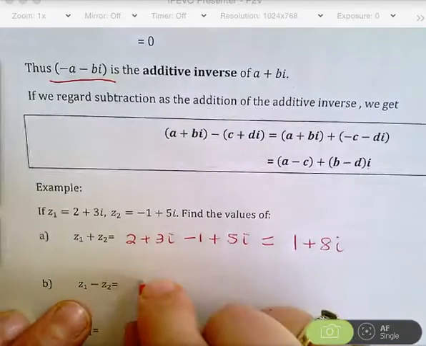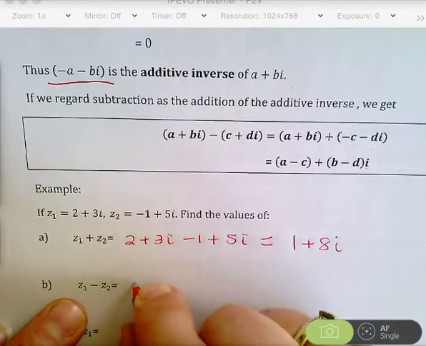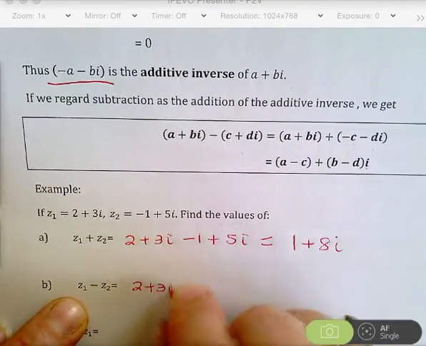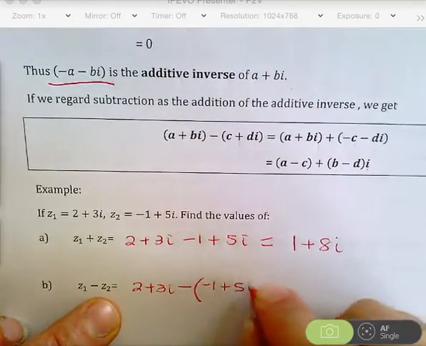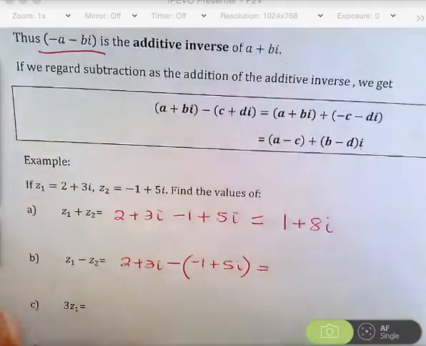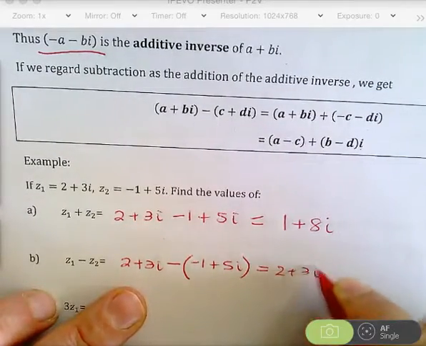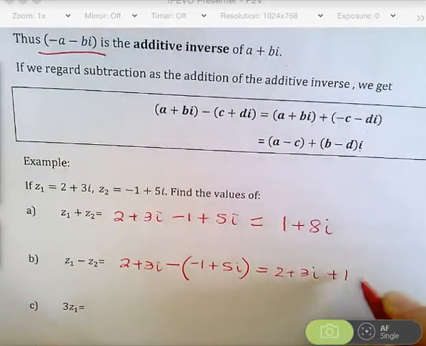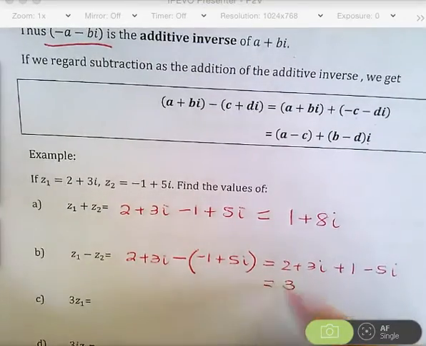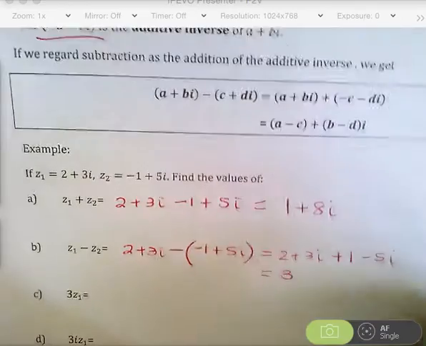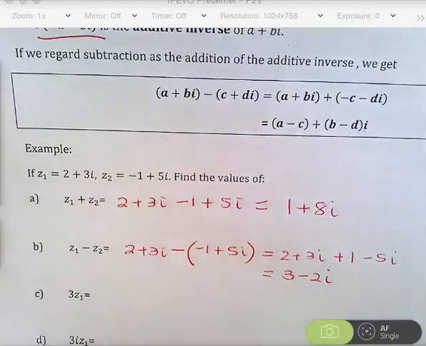Be careful with the negative one. Next one, z1 is 2 plus 3i minus, I'm going to put a bracket, minus 1 plus 5i. Basically just expand your bracket. What do you get? 2 plus 3i, plus 1 minus 5i, that's all it is, easy. 2 plus 1 is 3, 3 minus 5i is minus 2i.